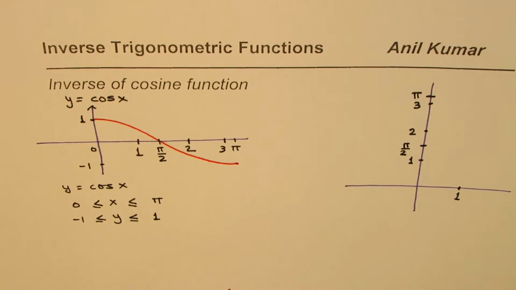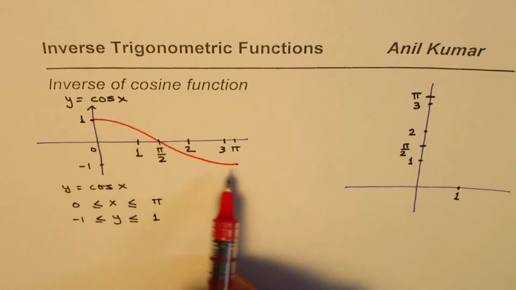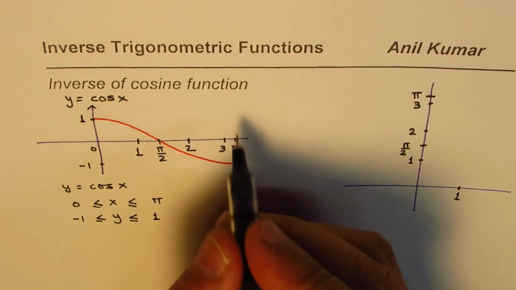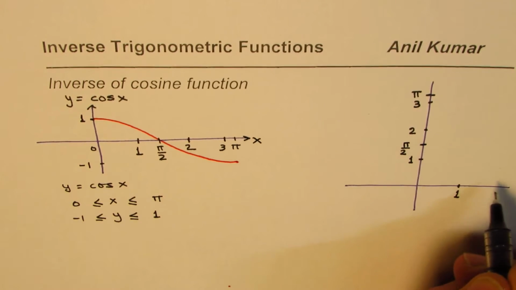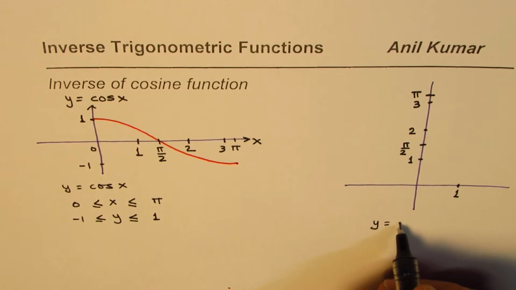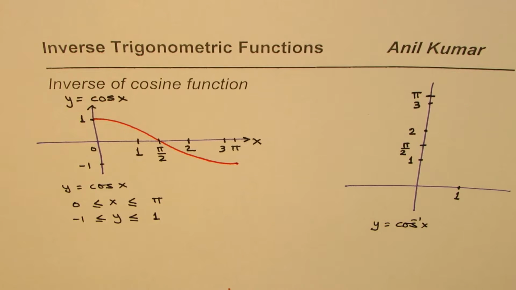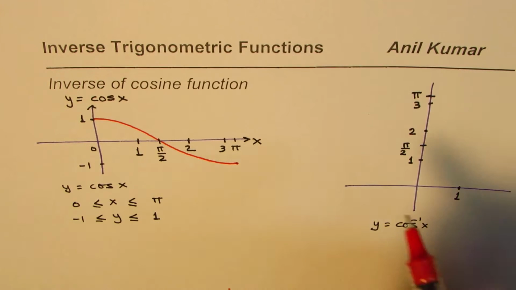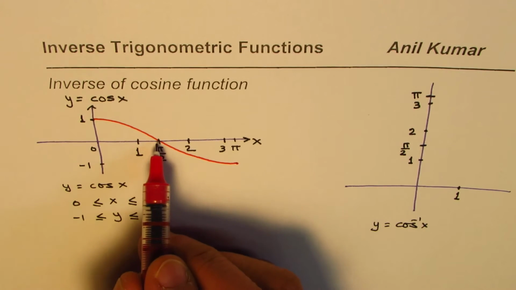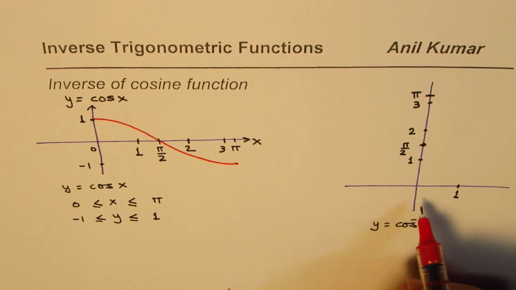So if you sketch the graph of inverse of this, swapping x and y values, let me write down x here, then in that case, for y equals cos inverse x, we will see that the graph will look like, so this point is 0, pi by 2, so it will swap, right?